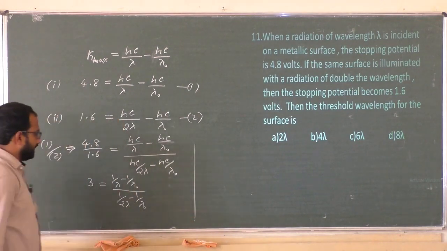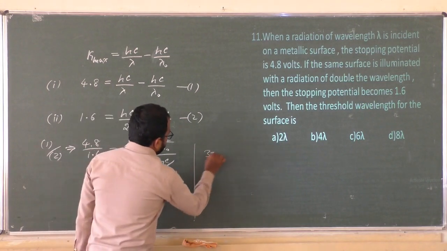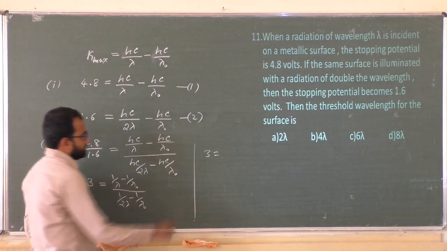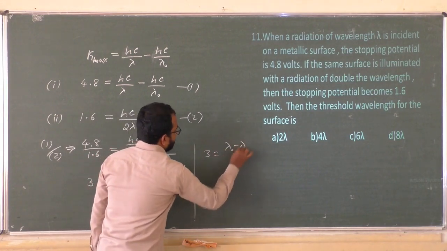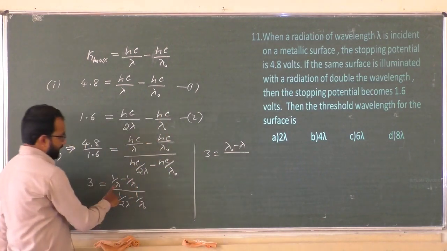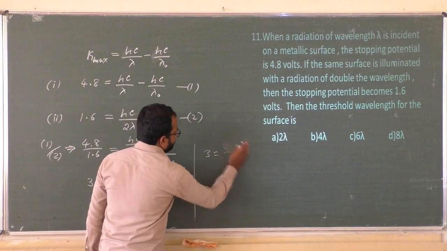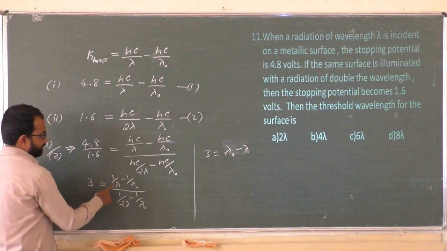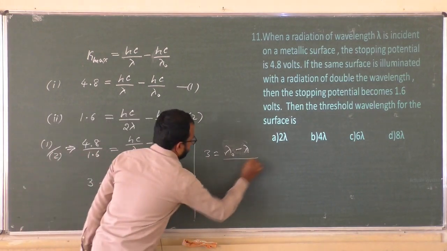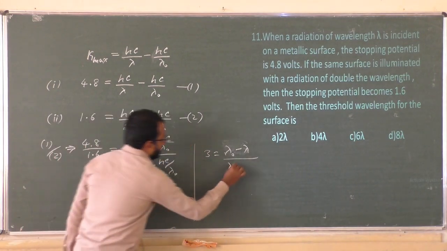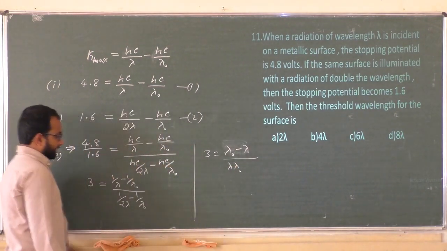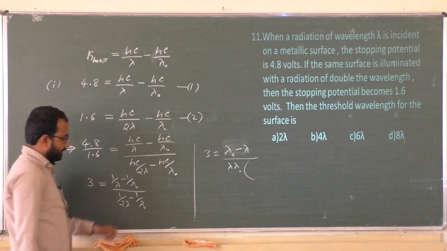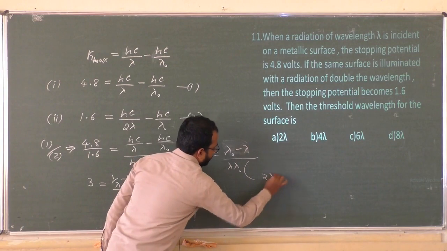Right? So simplify this, you will get 3 is equal to, so lambda into lambda naught, this becomes lambda naught minus lambda divided by lambda into lambda naught, lambda naught minus lambda divided by lambda into lambda naught, into, so here 2 lambda into lambda naught LCM.